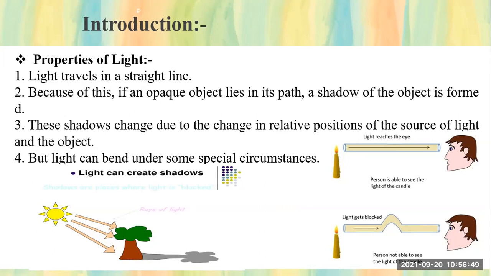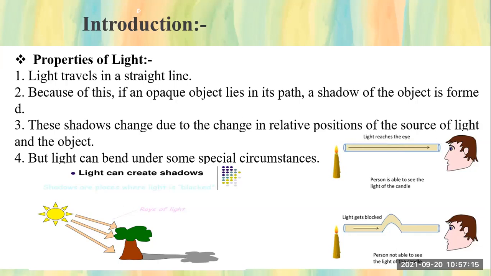And slowly you change the position of your study lamp. So you will see that there is a change in the shadow also, right? So due to change in the position of the source of light, there is a change in shadow also. I hope you have understood this third point very nicely.